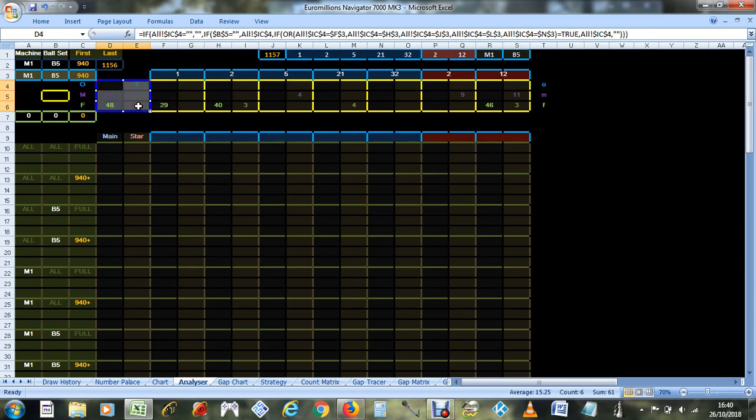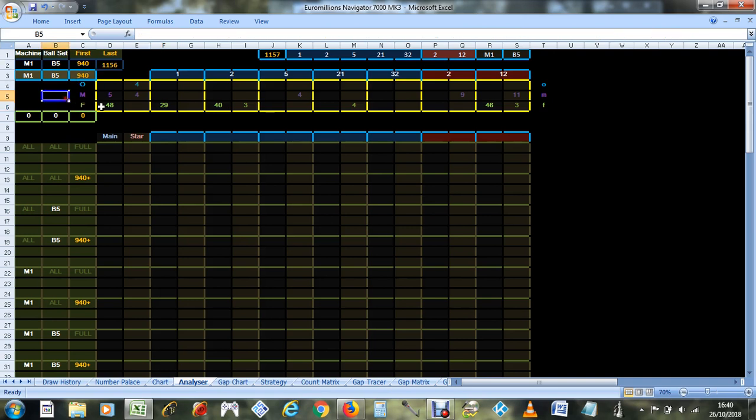So the first one is an analysis just for the machine, set of balls and draw history that I've specified, and then in the next box it's looking at only the draws where number 1's come out to see the chart, which numbers stand out on that chart.